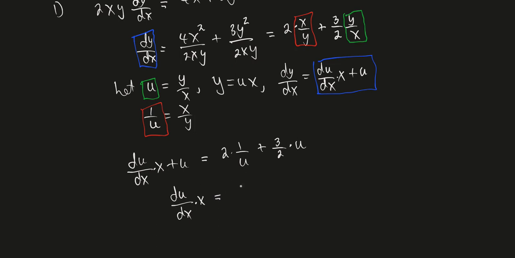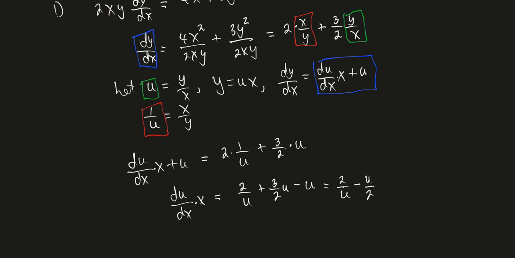So this, I will write as 2 over u, and this is 3 halves u, but then I subtract u, so minus 1 u. So 3 halves u minus 1 u is 1 half u, right? So I have 2 over u minus u over 2.